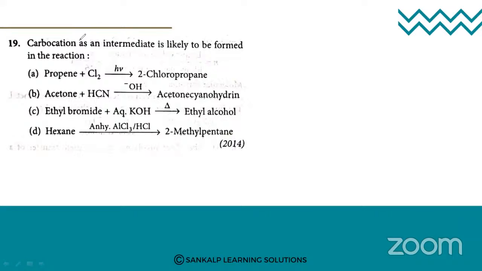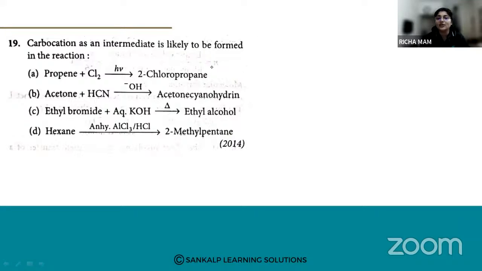And D, hexane reacted with anhydrous AlCl3 or HCl gives 2-methylpentane. In which of these do you get carbocation as an intermediate? Try answering this.